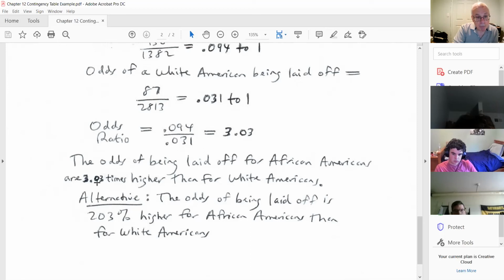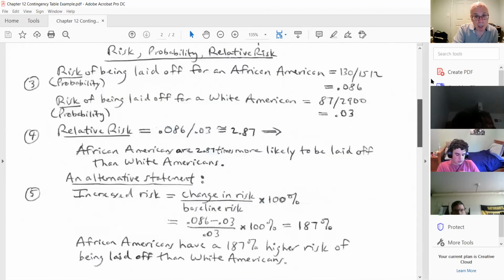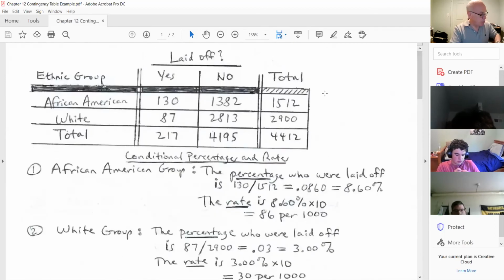And by the way, you can also make this into a percentage higher by subtracting 1 and multiplying by 100. So in this case, it's 203% higher is the odds for being laid off for African Americans than for white Americans. Okay, so that's the gist of chapter 12 in essence.